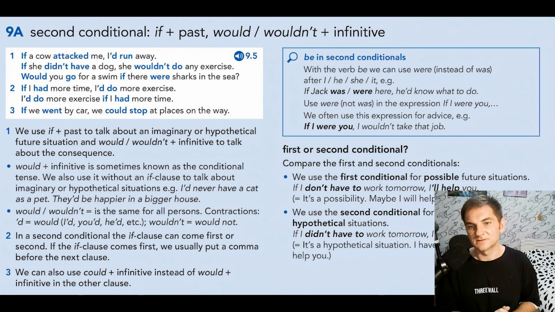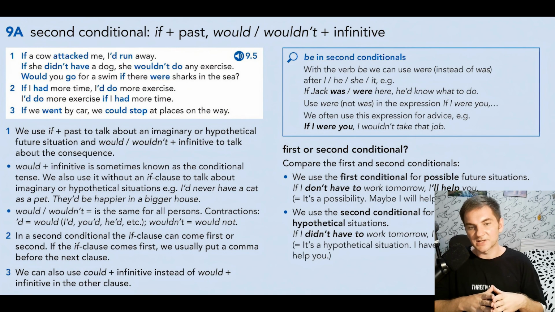We also use it without an if clause to talk about imaginary or hypothetical situations. For example, I'd never have a cat as a pet. They'd be happier in a bigger house. Would, wouldn't is the same for all persons.